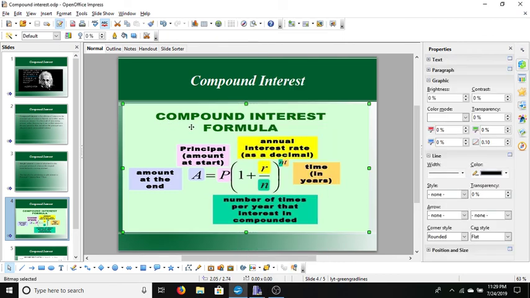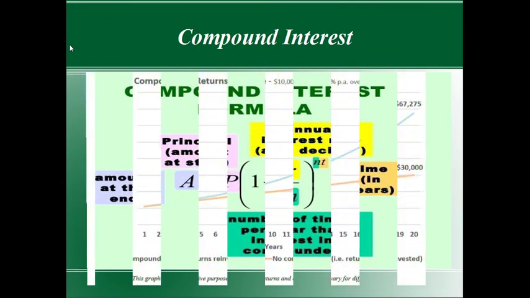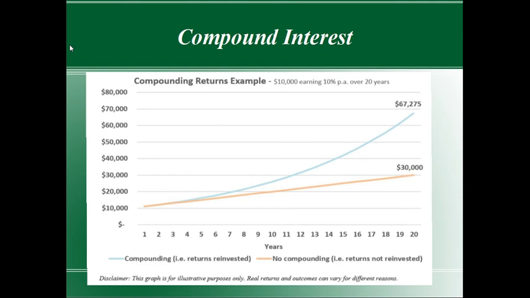Now, let's go back to our presentation and to the next slide. This is a graph of an investment of $10,000 over the course of 20 years. The orange line shows the simple interest, no compounding. If over the course of 20 years you invested $10,000 and every year when you get interest paid, you take it out of the account, you would have ended up with $30,000 at the end of 20 years.